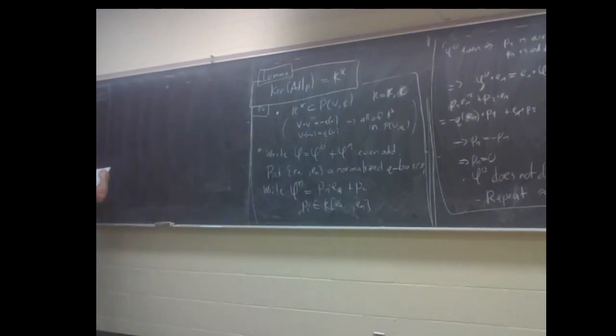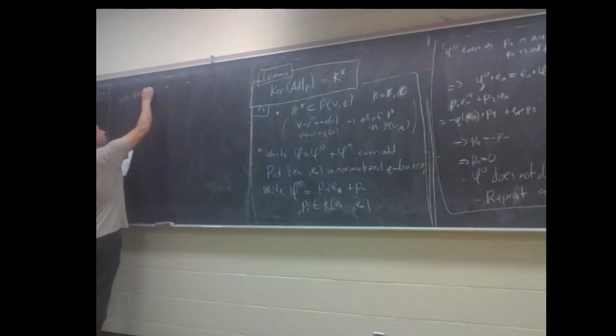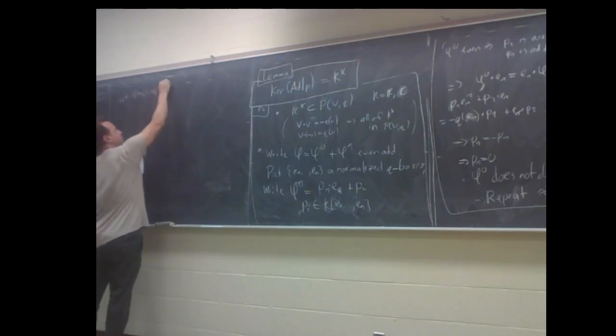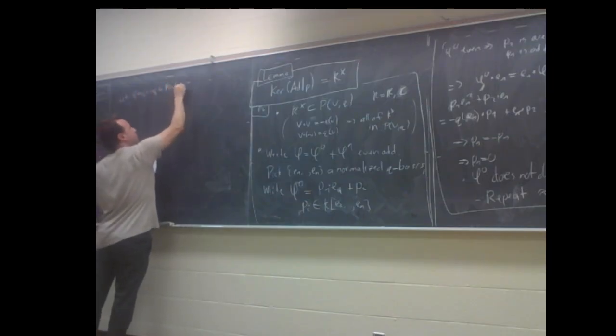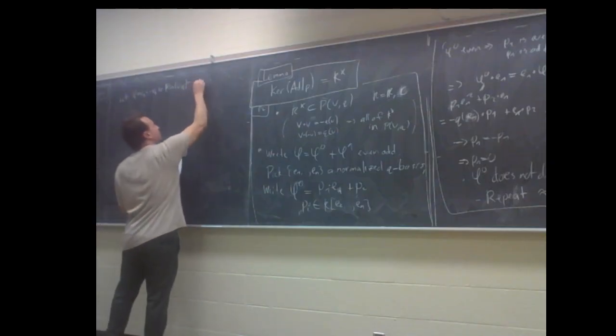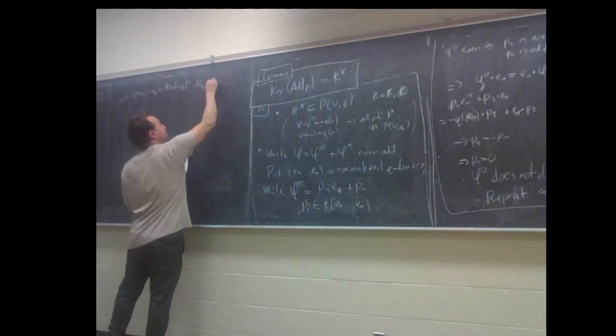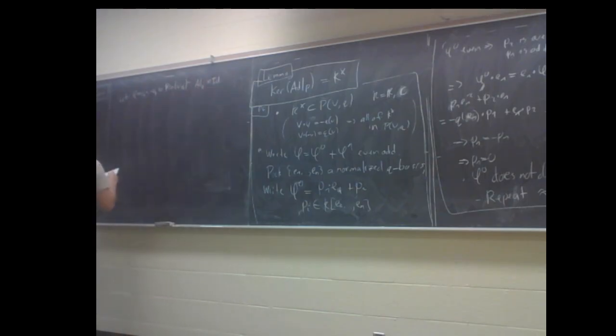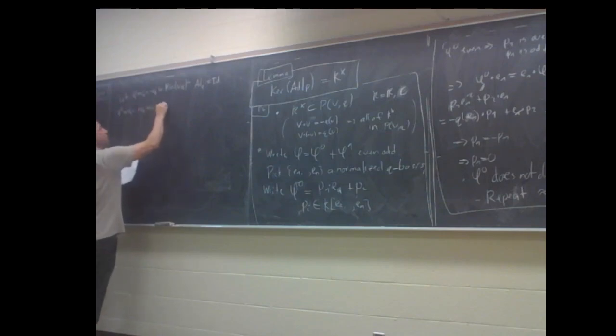Okay, so why F? Let phi equal v1 up to vk in Pin, such that phi is equal to the identity element. So then what do we get? We can take phi squared is equal to v1 up to vk times v1 up to vk.